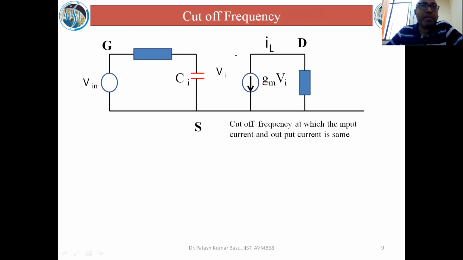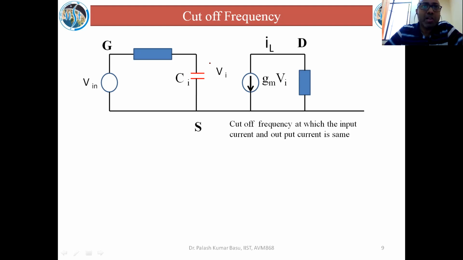It is such a simple thing. Device people always think about the transit frequency, those who are discussing the device nature of a particular structure. Cutoff frequency is kind of a proprietary of the group of people who are discussing the circuit nature.